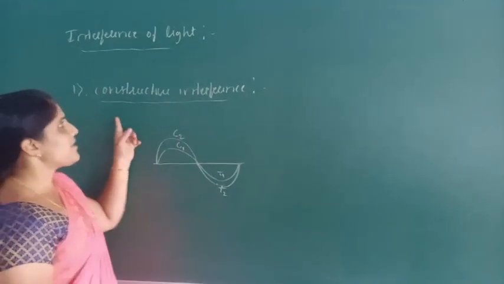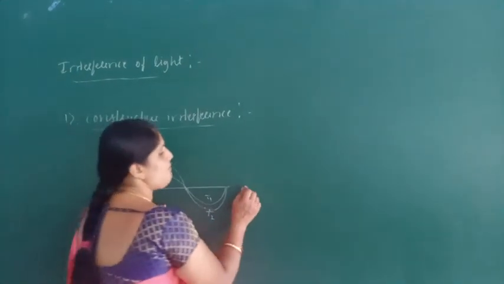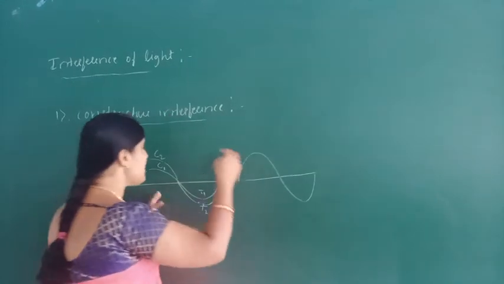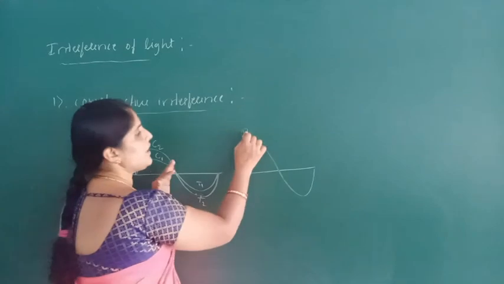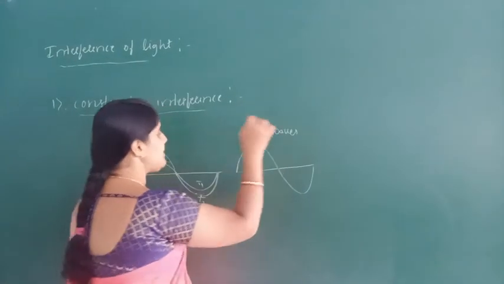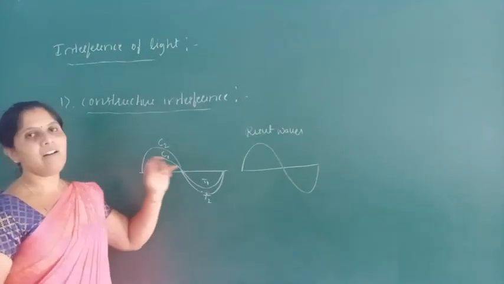The crest of one wave falls on the crest of another wave, and the trough of one wave falls on the trough of another wave, which is known as constructive interference. In constructive interference, the amplitude of the resultant wave increases. As the amplitude of the resultant wave increases, its intensity also increases.